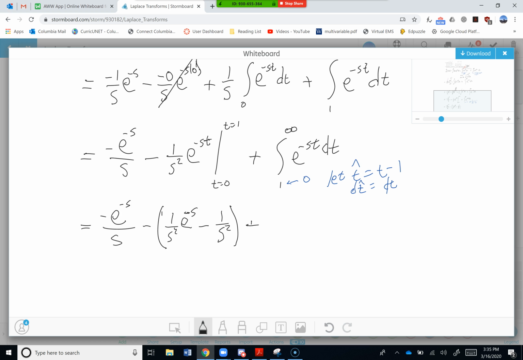Okay, so then I'm going to have plus the integral from now 0 to infinity of e to the minus s times t hat plus 1, dt hat. Everybody with me on that? Okay.